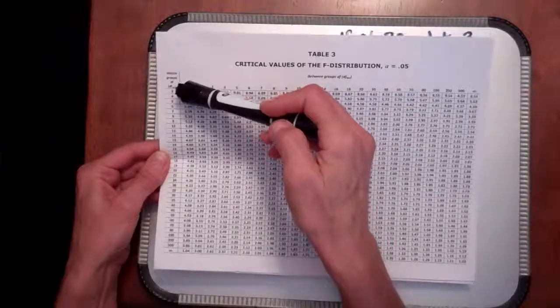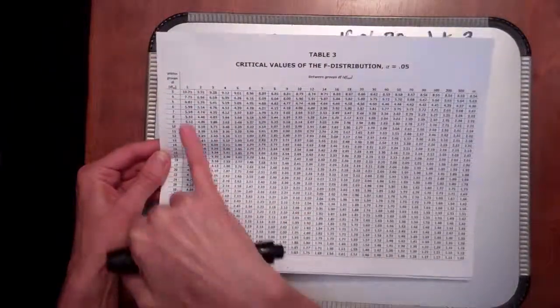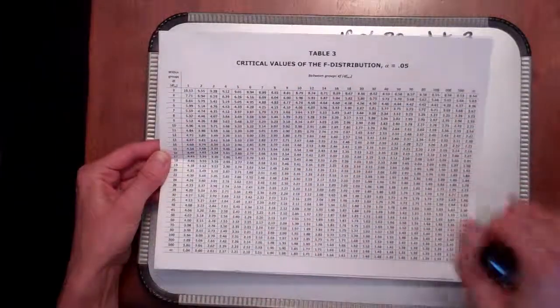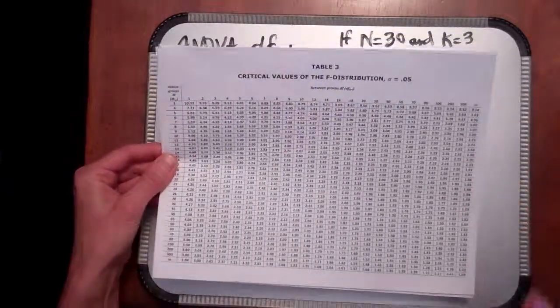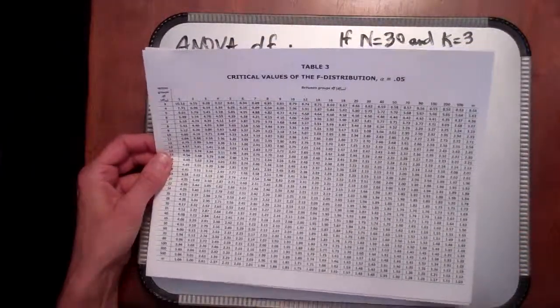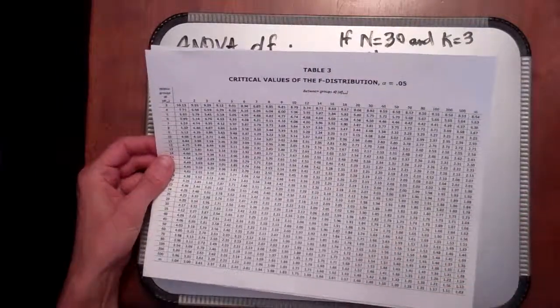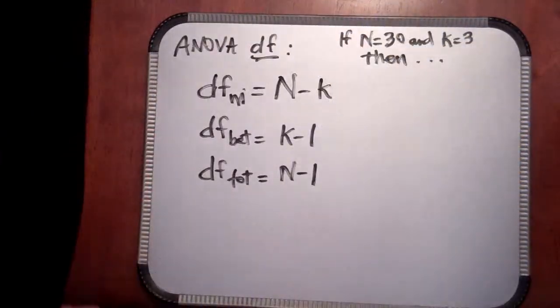The far left column has degrees of freedom within, going down the far left column, and across degrees of freedom between. So obviously, with an ANOVA, you need to calculate these two different types of degrees of freedom, right? Previously, because we were only comparing two groups, we only had one type of degrees of freedom we were concerned about.